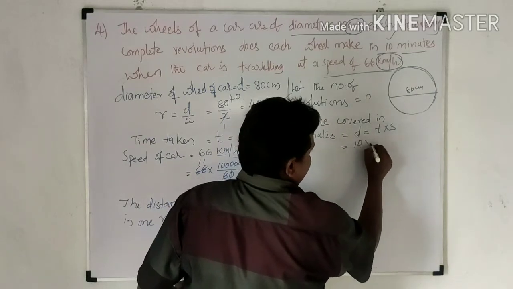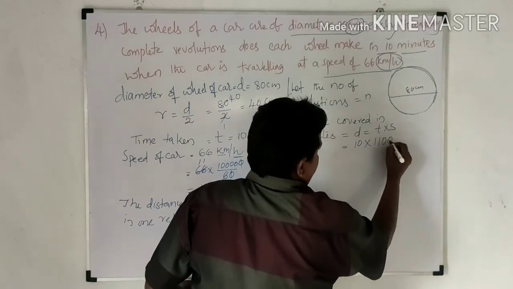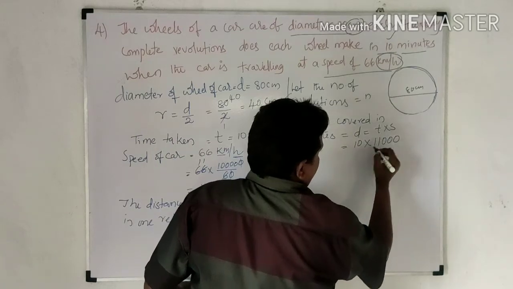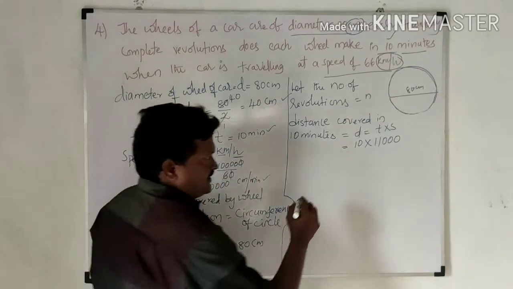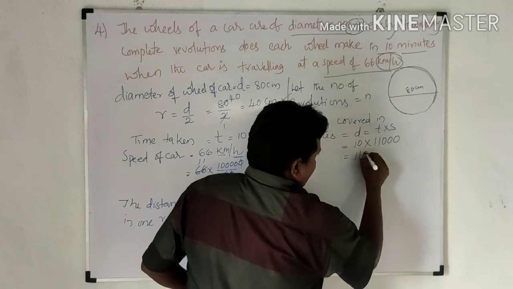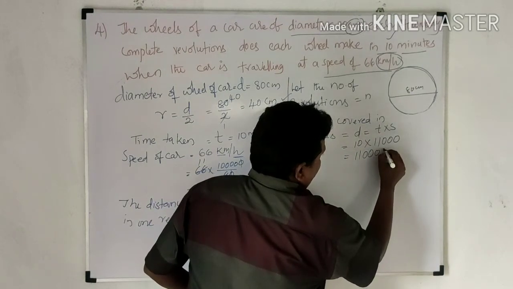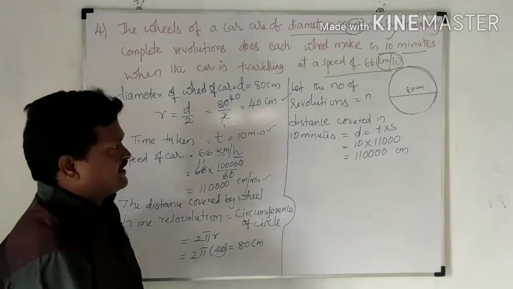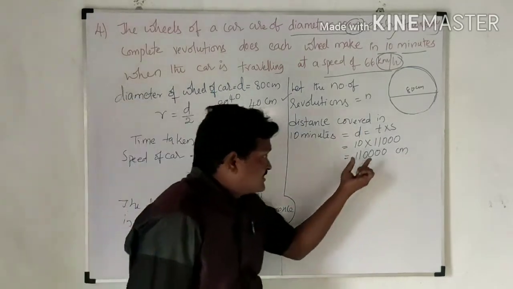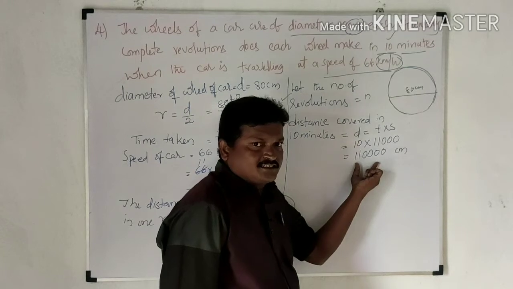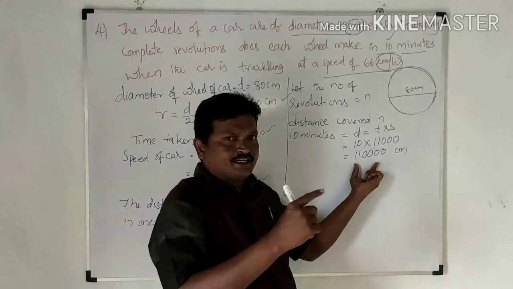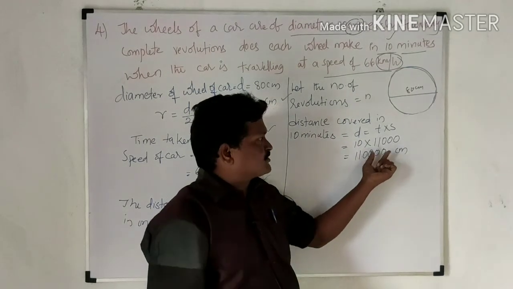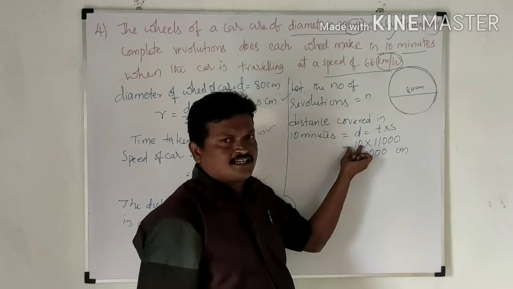Here time is 10, speed is 11,000, and totally it becomes 1,10,000 centimeters that it will cover in 10 minutes, with this speed and this time.